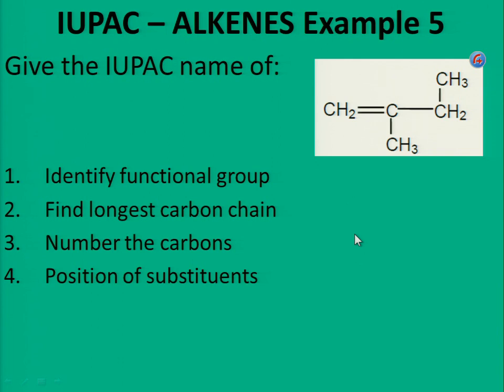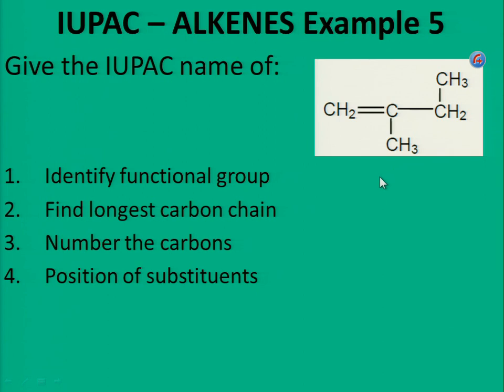Example 5. The IUPAC name of this molecule. You should identify the functional group. There's a double bond, therefore it must be an alkene. Now you have to find the longest carbon chain. Let's count. 1, 2, 3, 4.